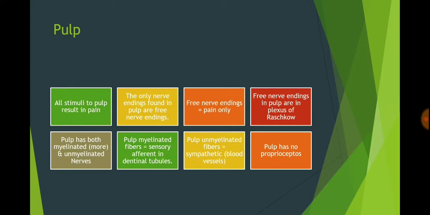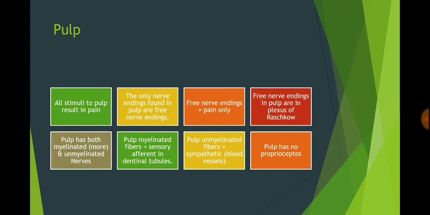The pulp has both myelinated and unmyelinated nerves, with more myelinated than unmyelinated. The pulp myelinated fibers provide sensory afferents in the dentinal tubules.